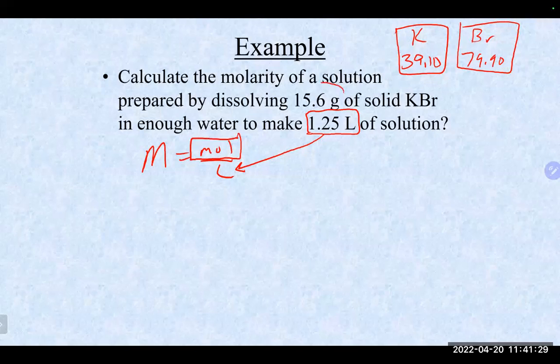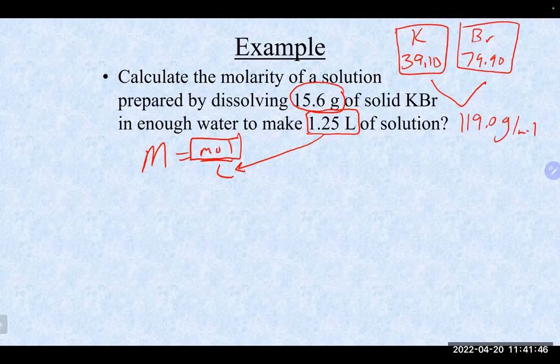And we don't have the moles of the solute, which is the KBr in this case, but we do have the grams of it. So we can use the molar mass here, right, to convert those grams into moles. So in this case, it's one of each, which should give you 119 grams per mole when you add those two together, basically the KBr.